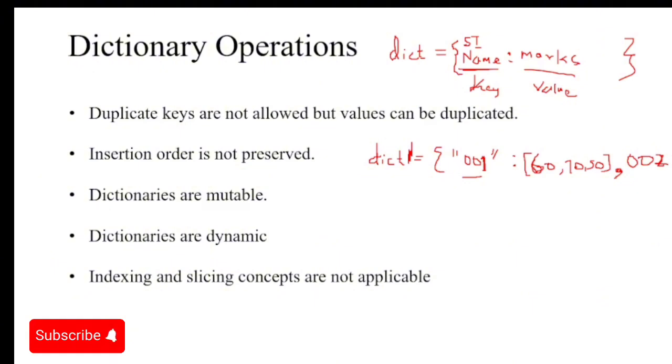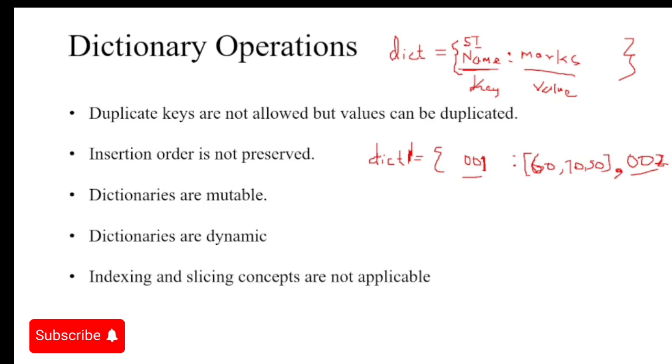I can have 60 again, then 55, and then let me say 20. So this is my second student ID. So 001 and 002.